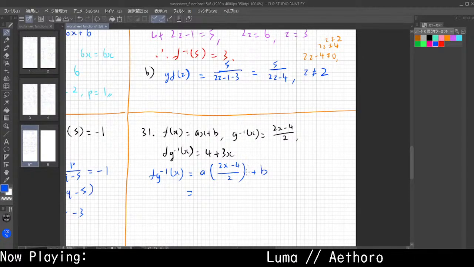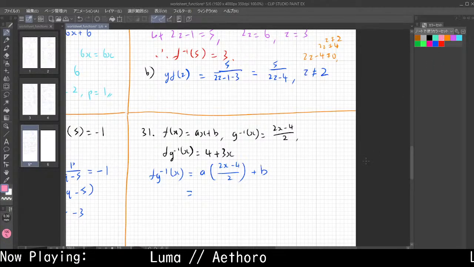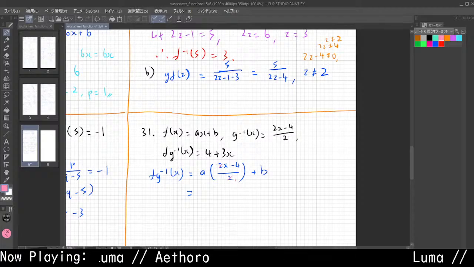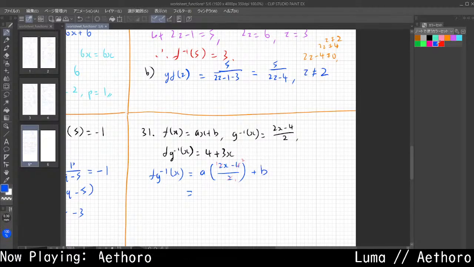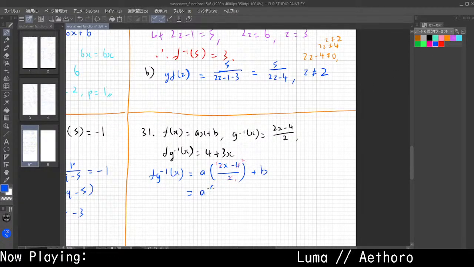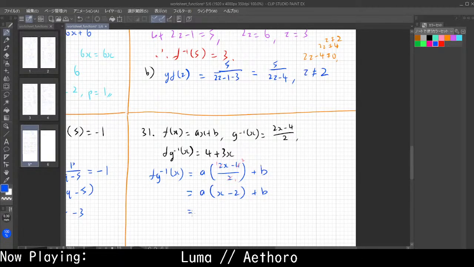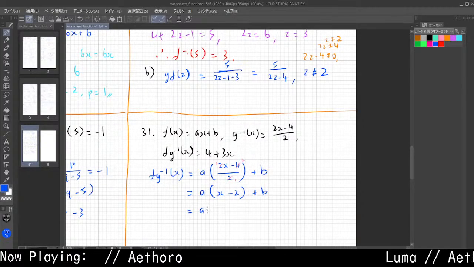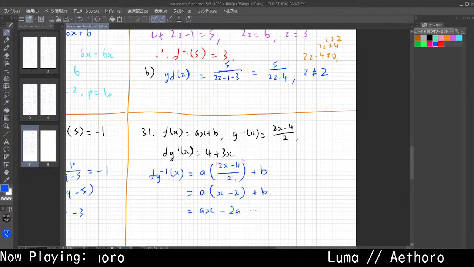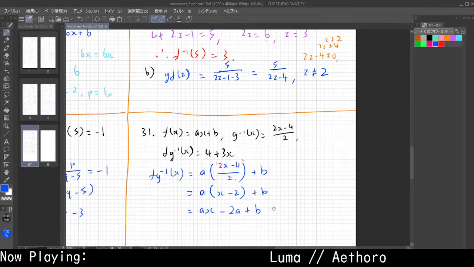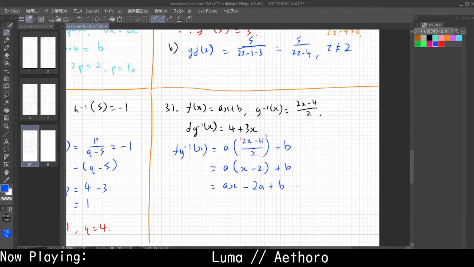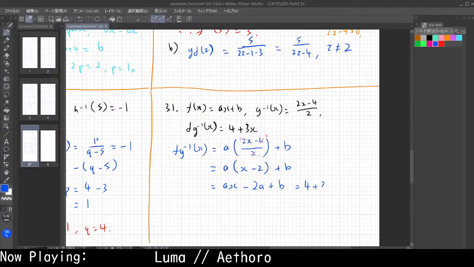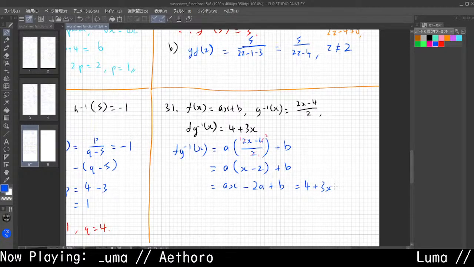Your 2x minus 4 over 2, you can divide everything by 2, so this becomes a bracket x minus 2 plus b. Expand: a times x is ax, a times negative 2 is negative 2a, plus b. This is equal to 4 plus 3x as given by the question.